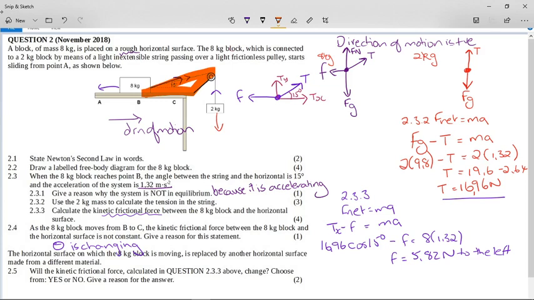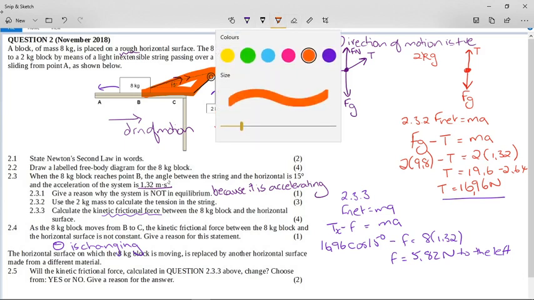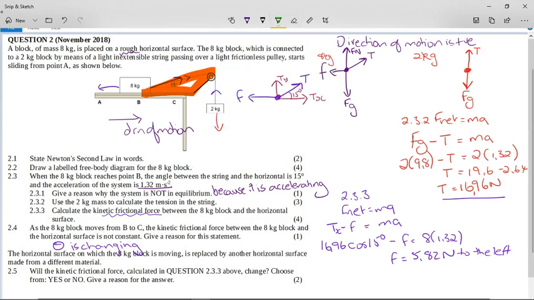If I move from C to the pulley, let me come with another color here. Imagine that's when I start from B. Look at the shape of my triangle. Now if I come from C to there, back to C, can you see that my angle theta over here has changed quite a bit? It's gotten steeper.